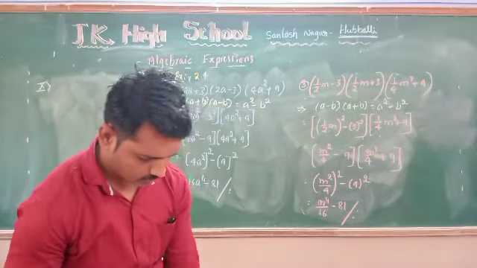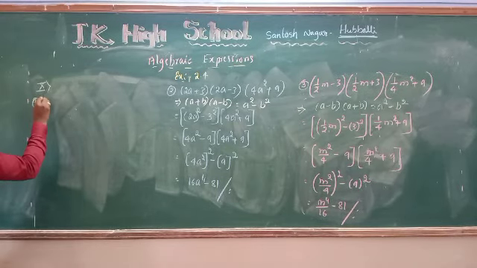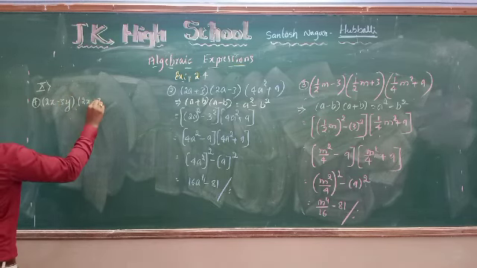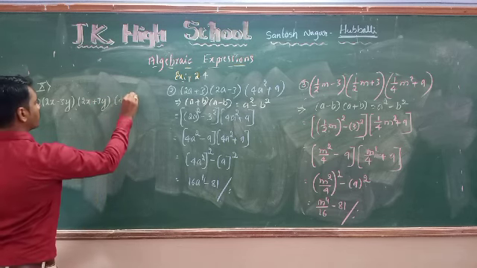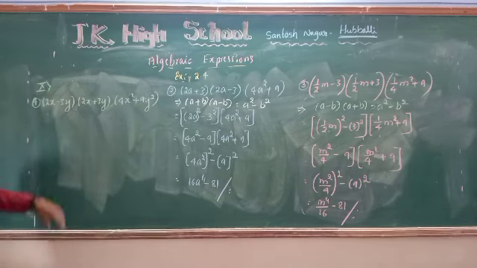Question number 4 is 2x minus 3y, 2x plus 3y, 4x square plus 9y square.